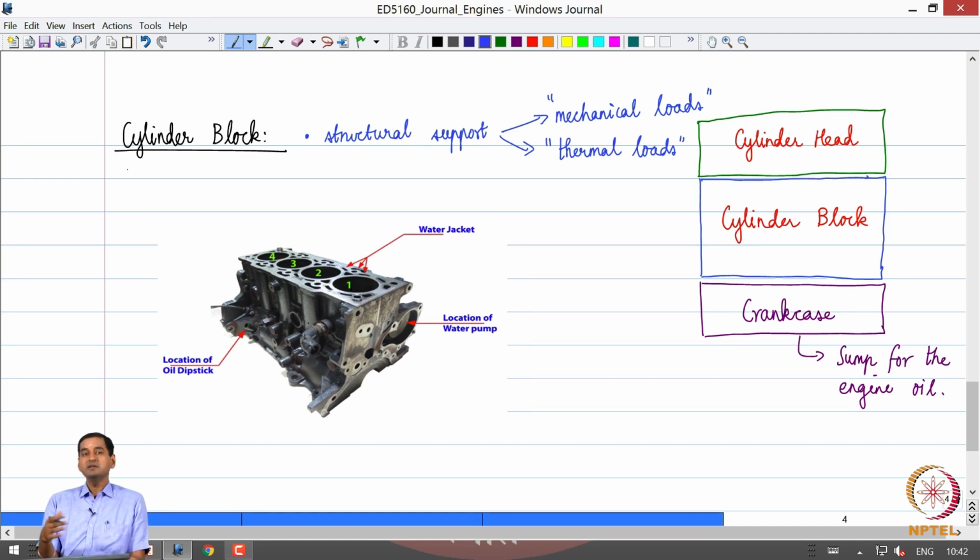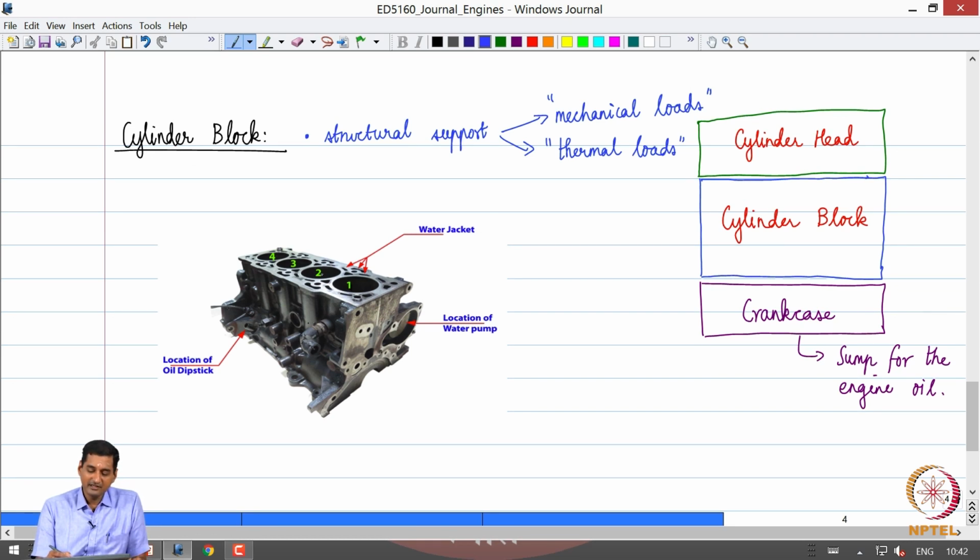Typically these cylinder blocks are made of cast iron for their strength. Some manufacturers also use aluminum alloys, for light weighting and better heat dissipation characteristics and so on. Those are typical materials used for manufacturing these cylinder blocks.